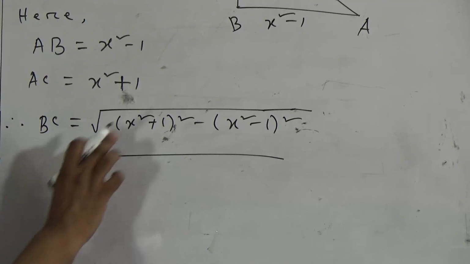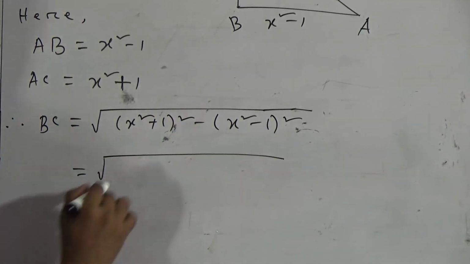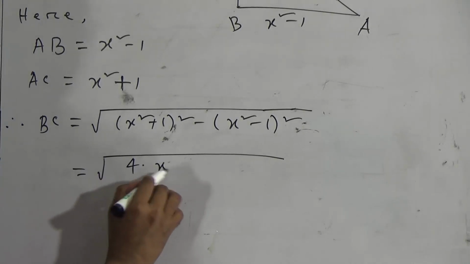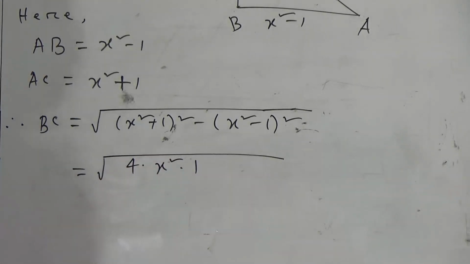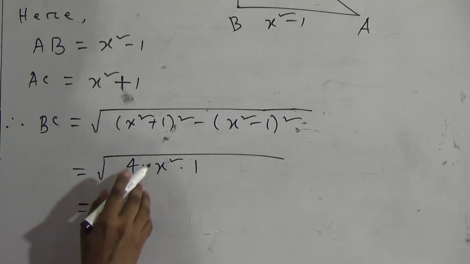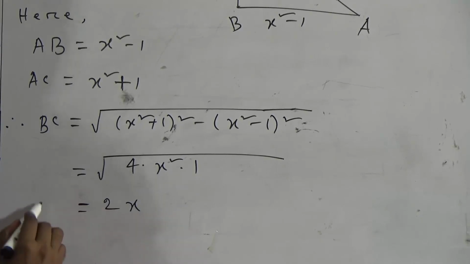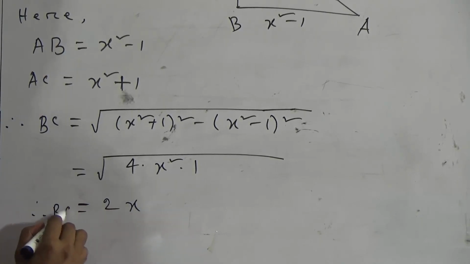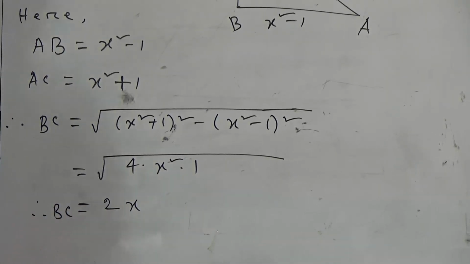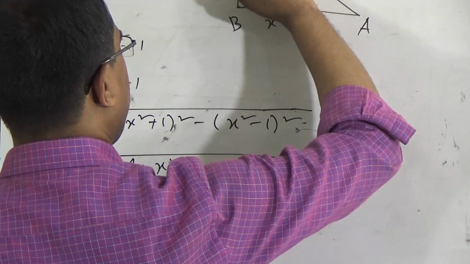This equals 4ab, that means 4x square. Root over 4x square is equal to 2x. That means BC, the opposite side, is equal to 2x.